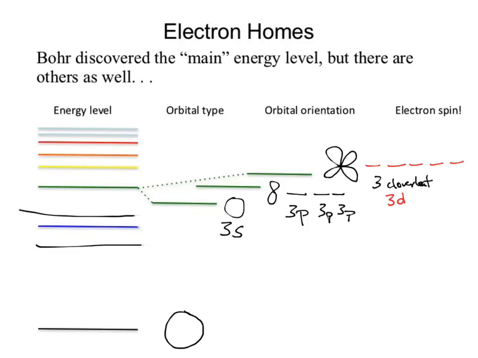How many orientations does it go up to, dumbbell? 7 orientations for the, or sorry, you're saying for the cloverleaf? I'm saying at the 7th energy level. So at the 7th energy level, we'll have the 7s with 1 orientation, the 7p with 3 orientations, the 7d with 5 orientations, the 7f with 7 orientations.